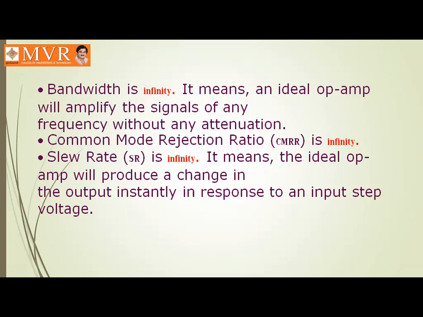So that is why we are considering what characteristics our practically fabricated operational amplifier must possess. If we consider the ideal one, we are going to compare with that. So our practical op-amp must be nearer to the ideal one.